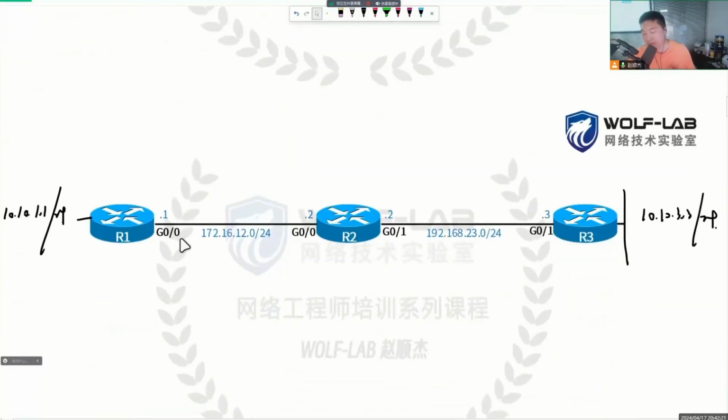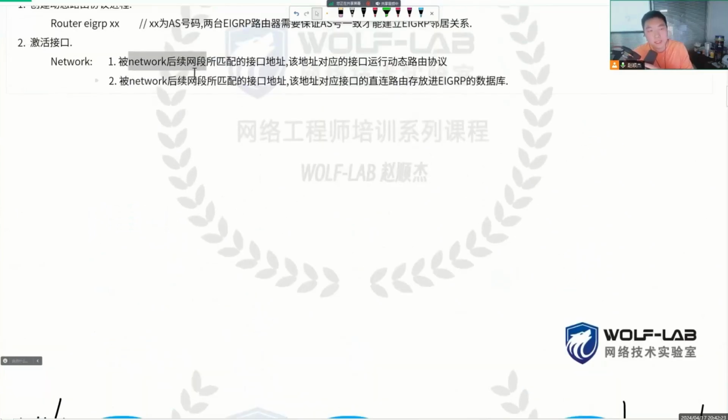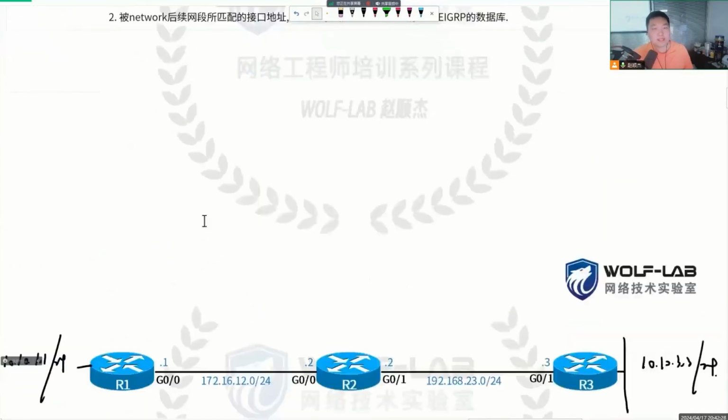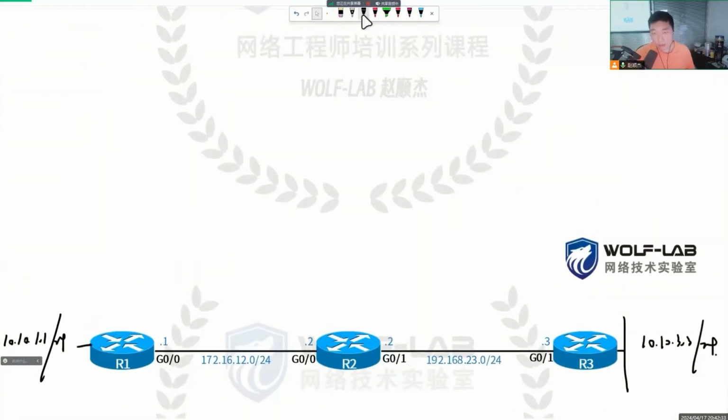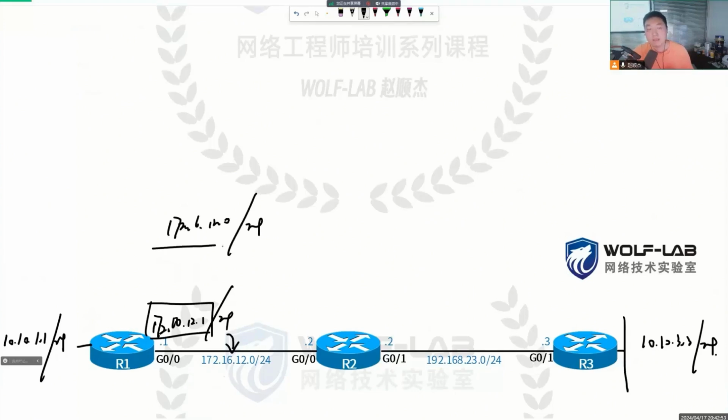This is our R1's interface IPv4 address, so it belongs to 172.16.12.0/24, an IPv4 address and such a network segment. So this network segment includes host addresses 172.16.12.1 to 172.16.12.254.